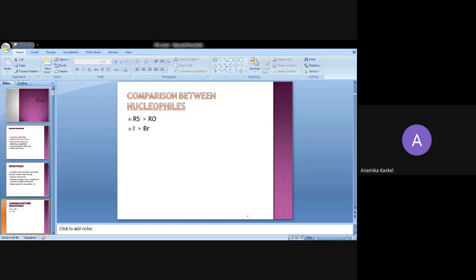As it is loosely bound, it will very easily attack the positive charge. And we can consider that RS minus has higher nucleophilicity than RO minus.